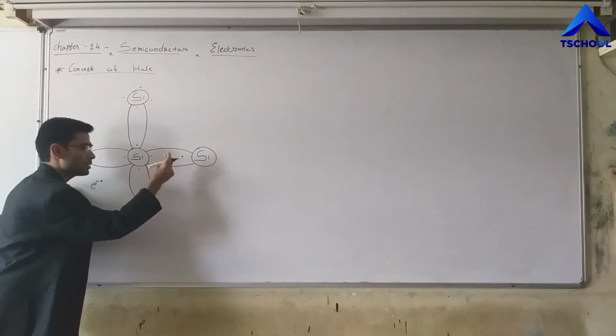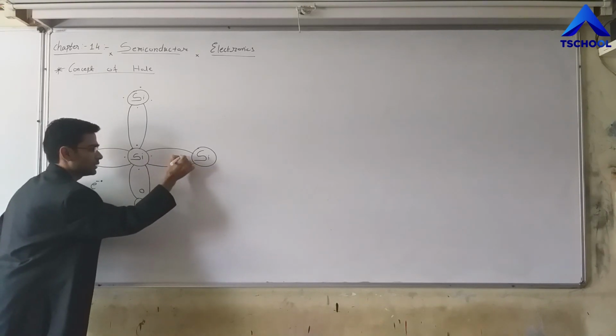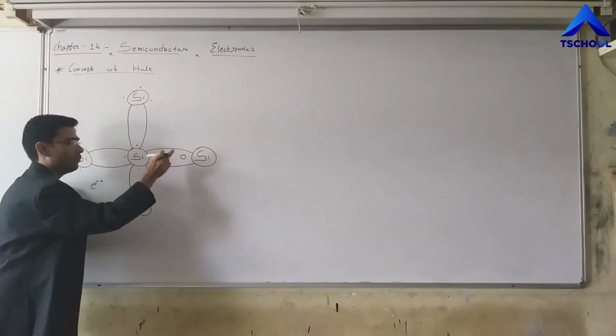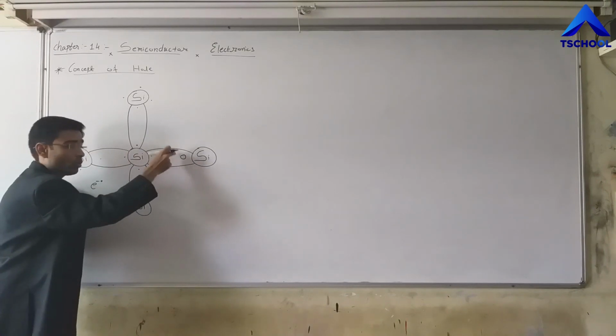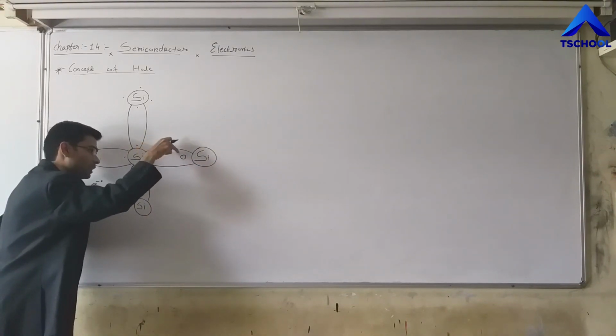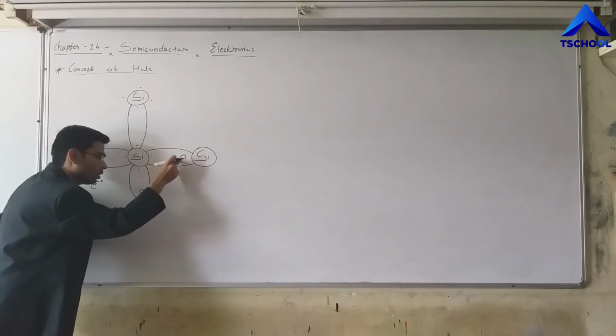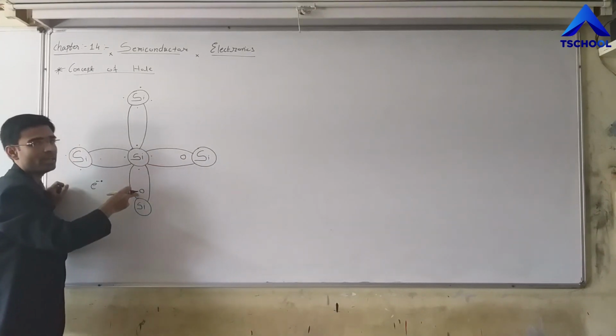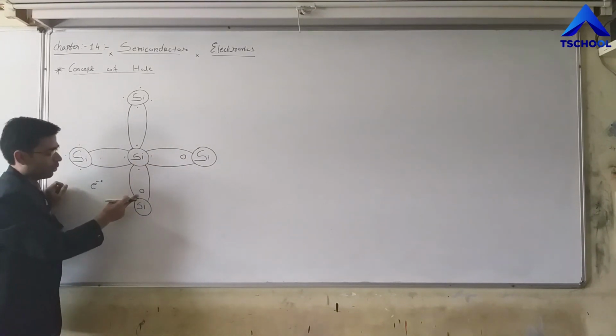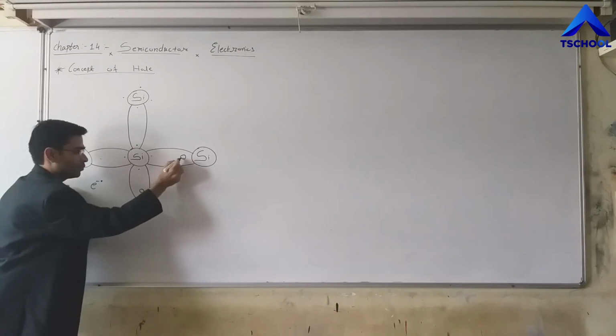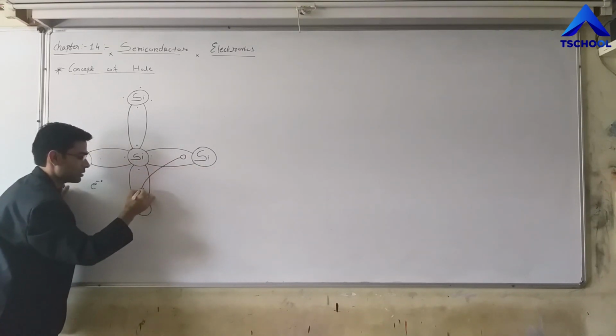At that place, a deficiency of the electron, that is a hole. And that hole can be filled by an electron, so it fills the space.